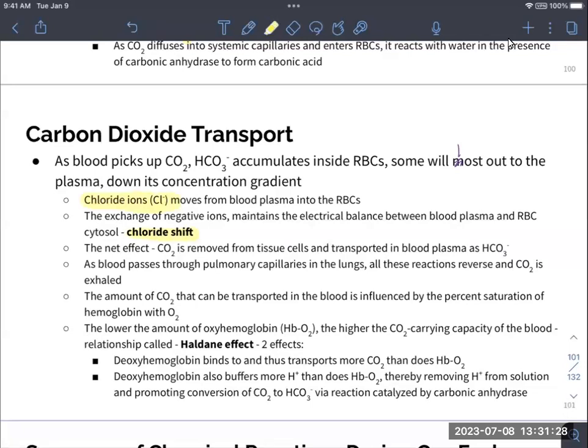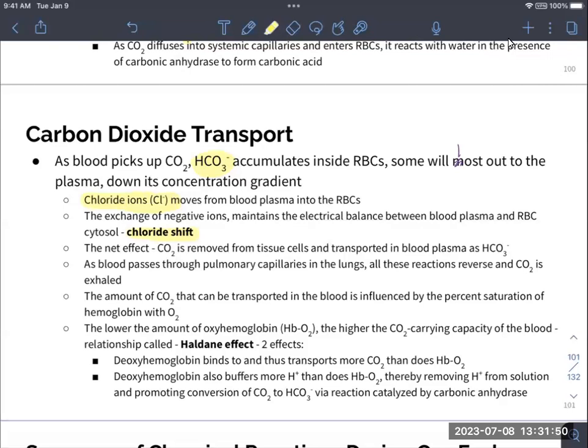When we exchange negative ions, bicarbonate is a negative ion, chloride is a negative ion. We're exchanging negative ions because we're maintaining these different electrical balances.